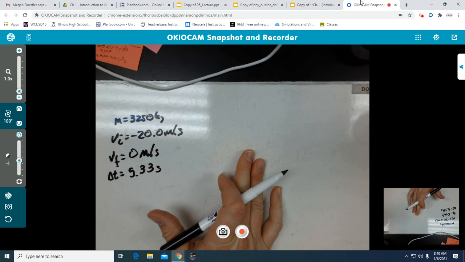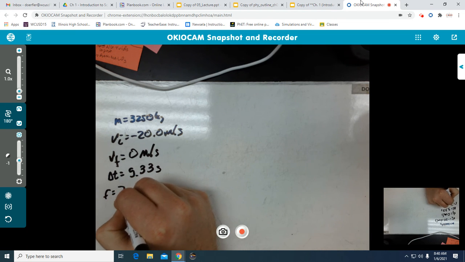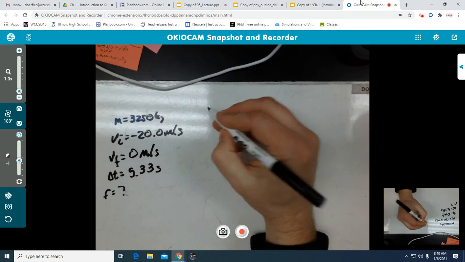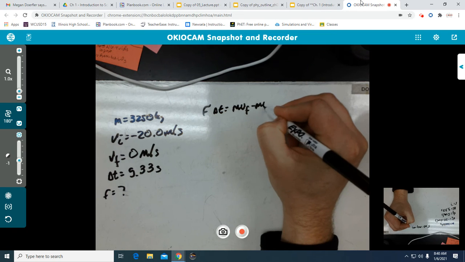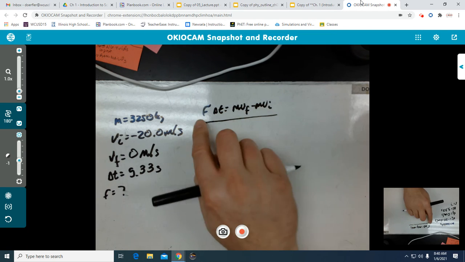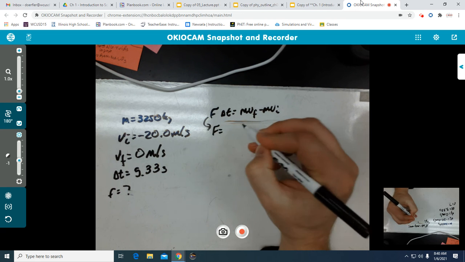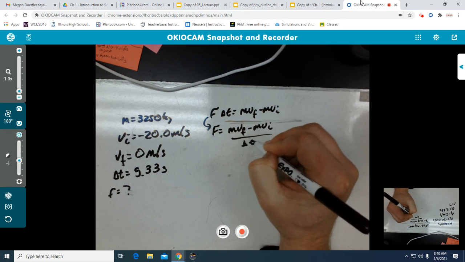Anyway, we are here to solve for force. So again, F delta T is equal to mvf minus mvi. We need to solve for F. So F is going to equal mvf minus mvi all over delta T.